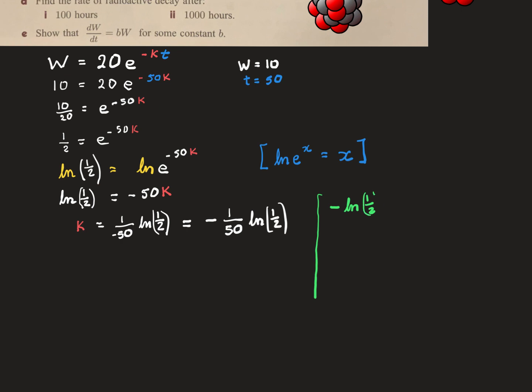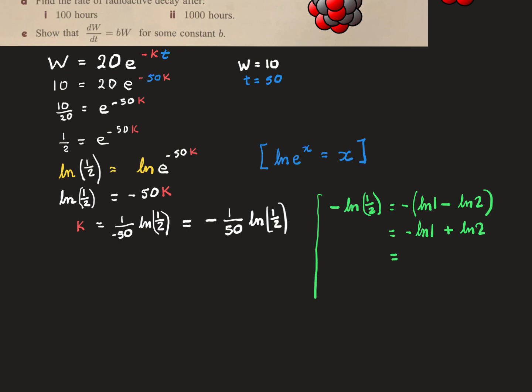Now you know that by law, that really means that it's minus brackets ln1 take away ln2. Now because we've got the minus sign in front, I can get rid of the minus sign by saying it's minus ln1 plus ln2.